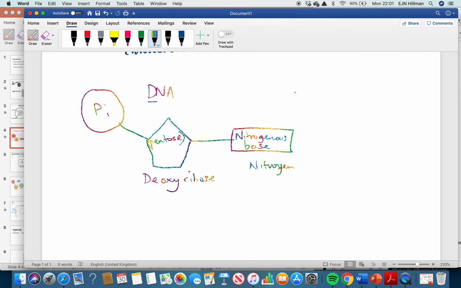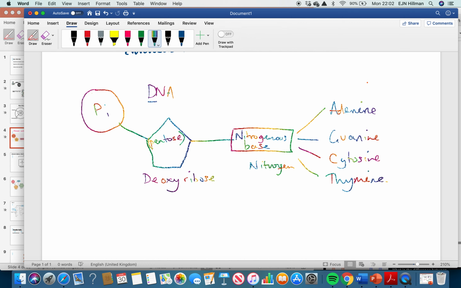Okay, now there are four different types of bases in DNA. They are adenine, guanine, cytosine, and thymine.